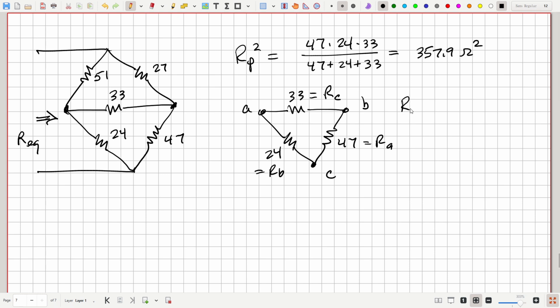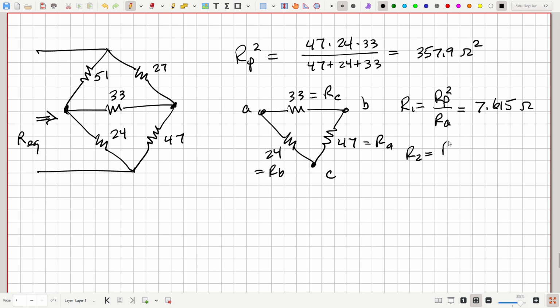And then R1 is RP squared over RA. So that's this over RA, which is over 47. That's 7.615 ohms.